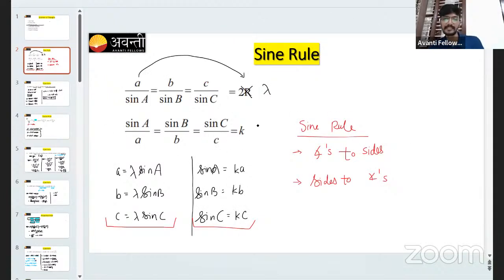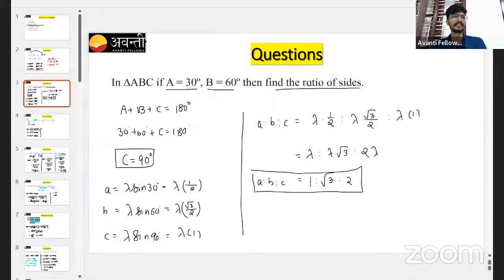First, we studied sine rule. How to use sine rule? Angles to sides, sides to angles. After that, we saw questions. Very simple questions.